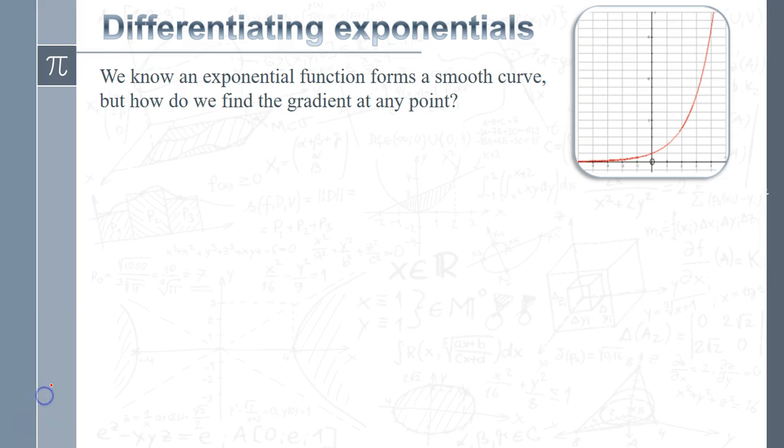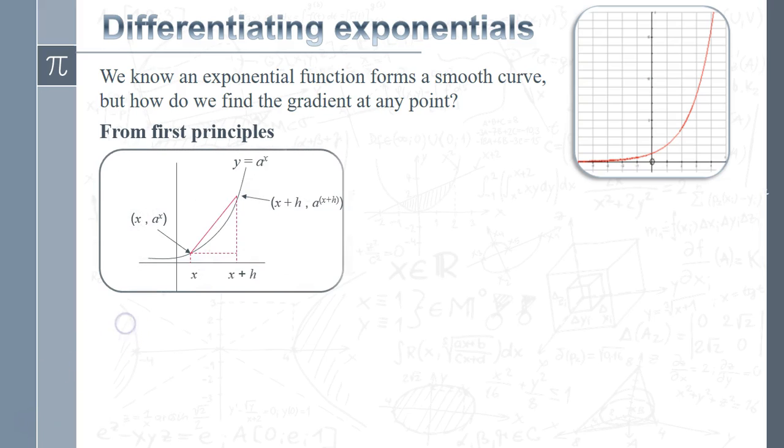So let's have a look at what's going on if we try now to find the gradient of an exponential function. Let's do it from first principles first of all. There we go, there's my diagram. So we've got my original point: if the x coordinate is x, the y coordinate will be a to the power of x. If I move along my curve a little bit, my x coordinate is now x plus h, and my y coordinate will be a to the power of x plus h.